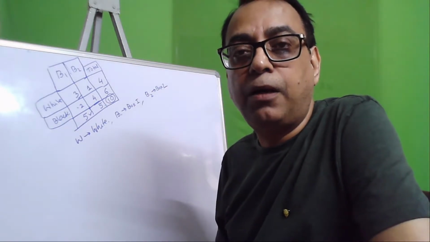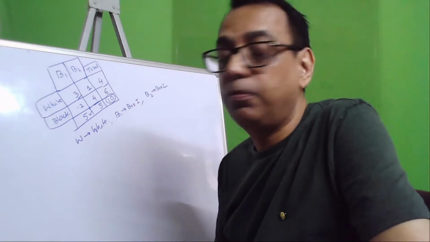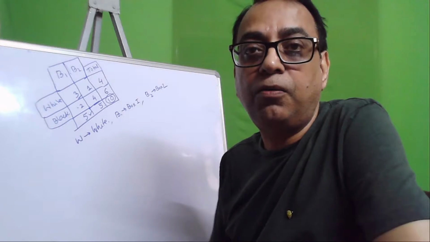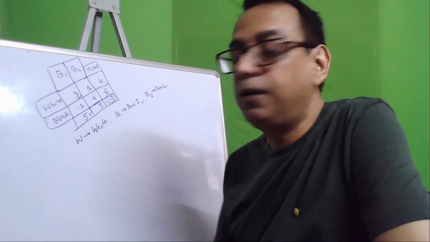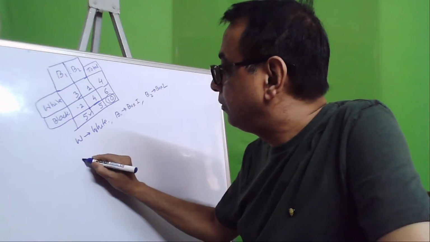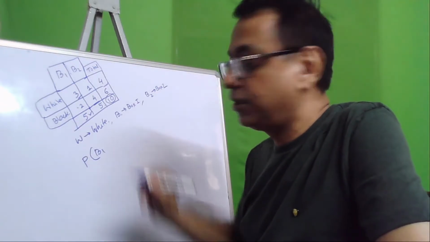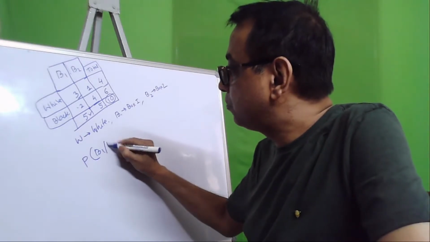Now let me come back to the original problem and answer the second part. What is the second part? It was: what is the probability that box 1 was chosen given the ball was white?